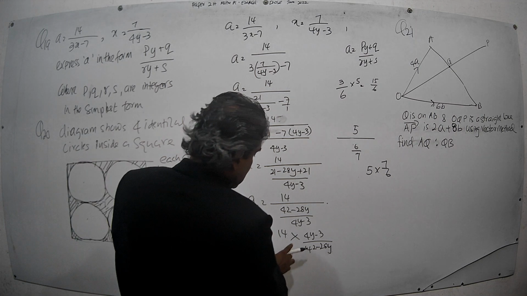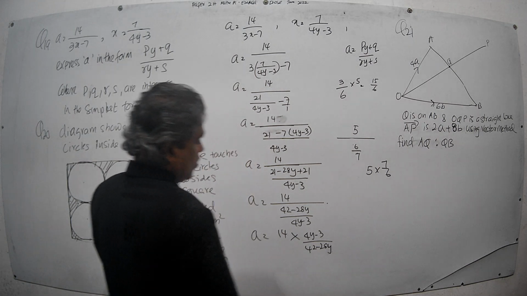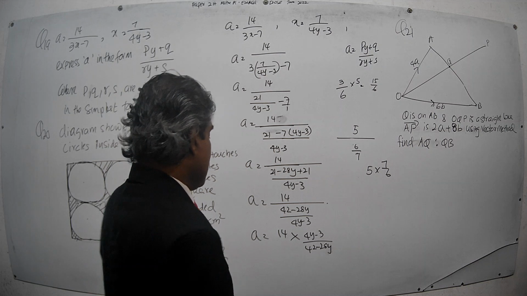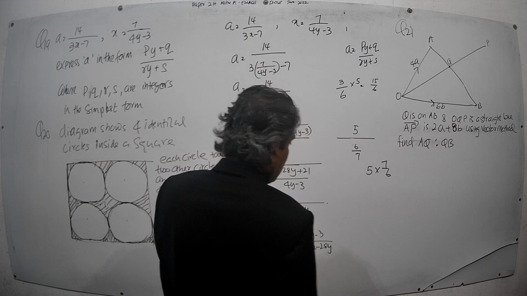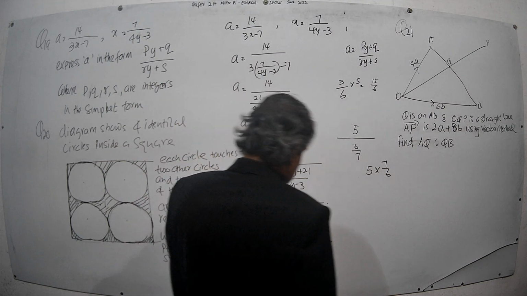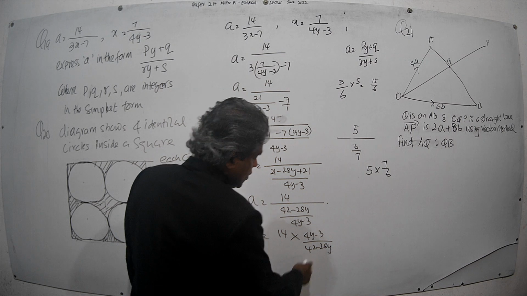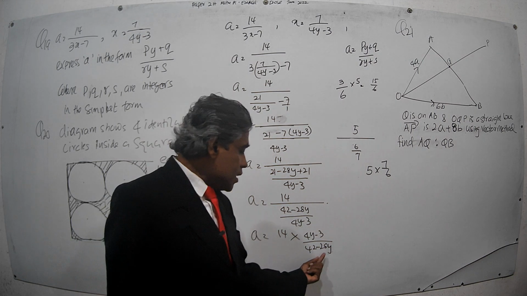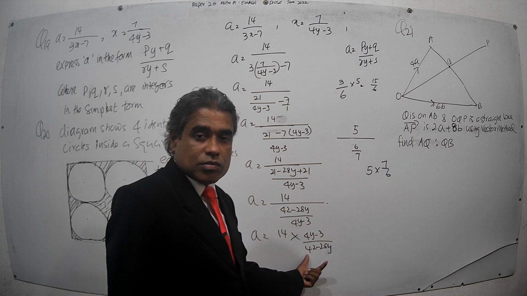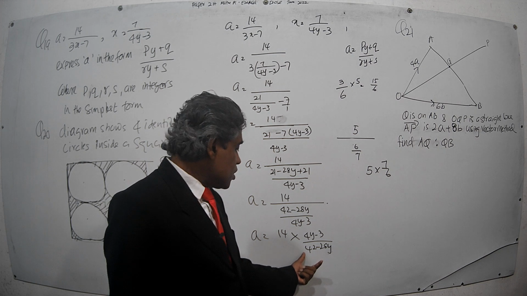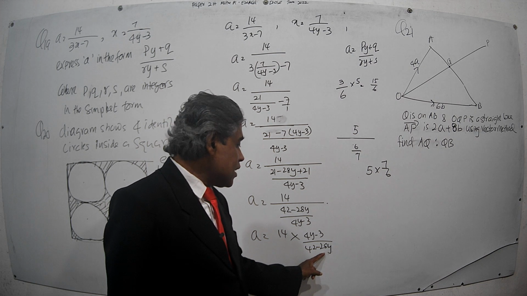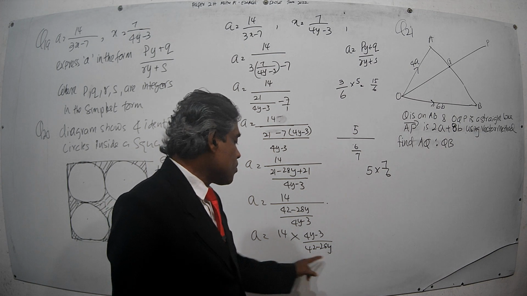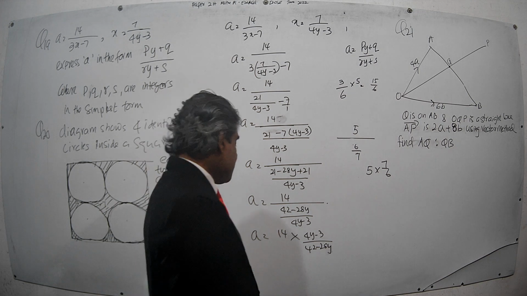Now you multiply again this. Then you can take this 14 like this. You can factorize this. Here 7 is the common factor for 28 and 42. 7 times 6 is 42, 7 times 4 is 28. Therefore, you can take 7 as common factor for this. Then we will do that.